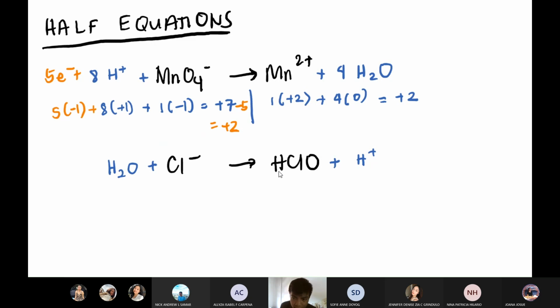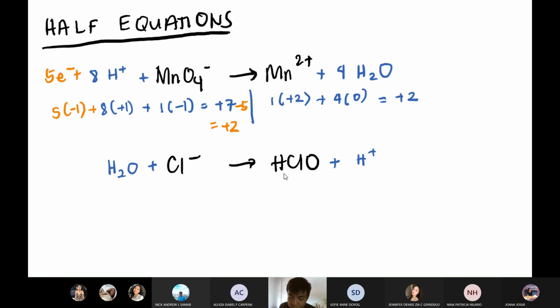Meron ka ng isa eh, so isa na lang idadagdag mo pa. Ganun din yung sa oxygen, no? May dalawang oxygen ka dito, tapos dito merong isa. Isang oxygen na lang dadagdag mo pa. Okay? So, ganun lang. 2 hydrogens here on the left side. Dito sa right side, meron ng isa. So, isa na lang yung kailangan pa para maging 2 hydrogens.